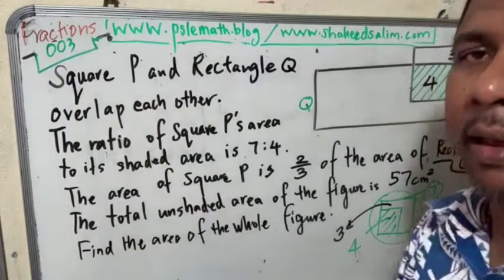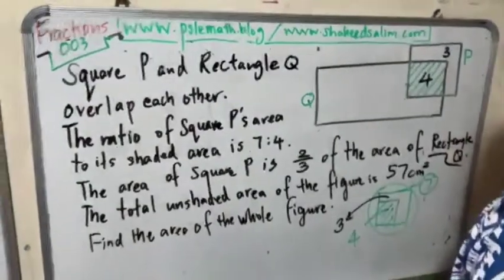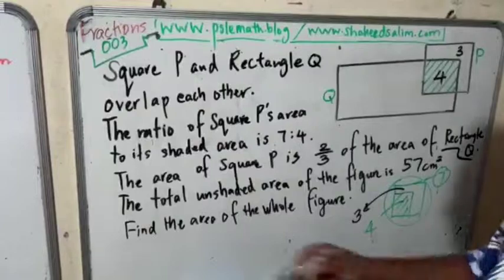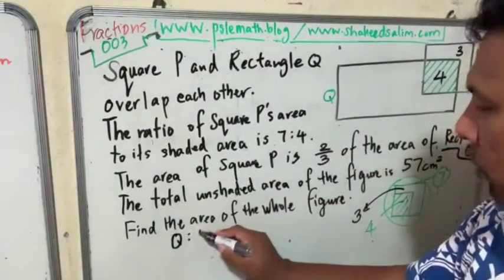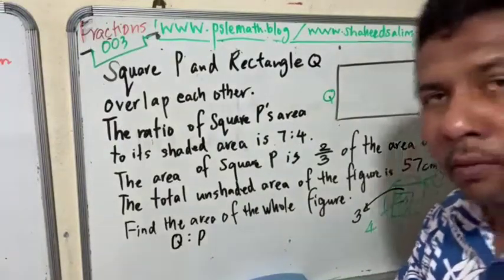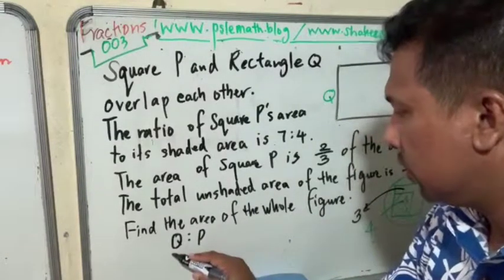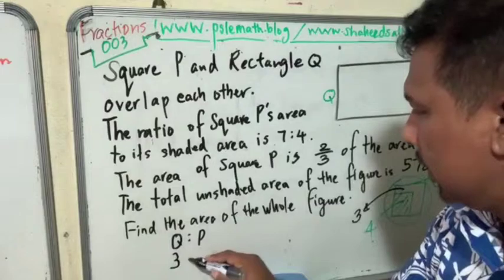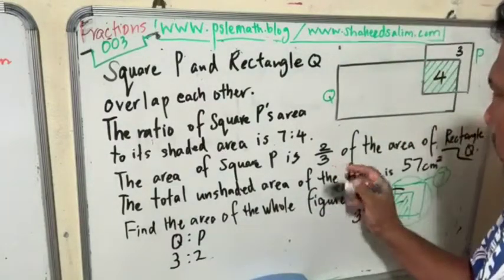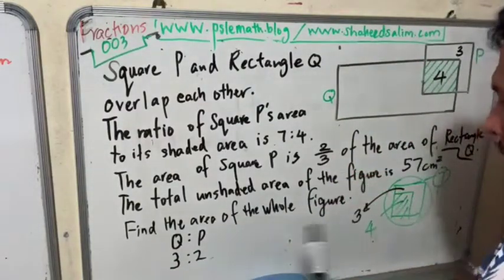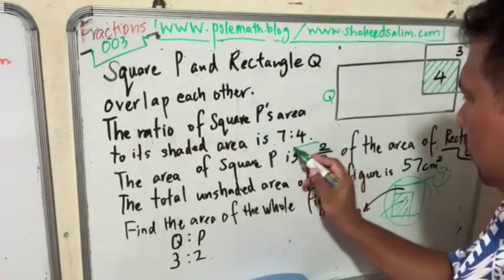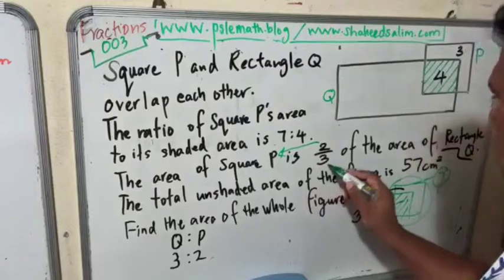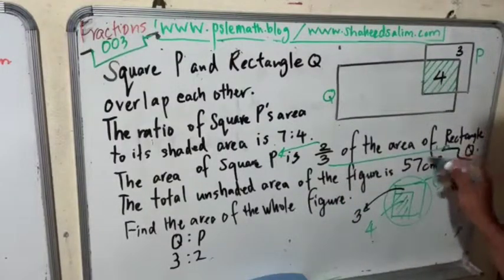I can write the ratio then. Q is to P, the ratio is 3 is to 2. If you're unsure how we get 3 is to 2, 2 is here, 3 is here.